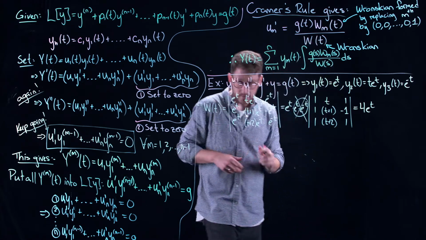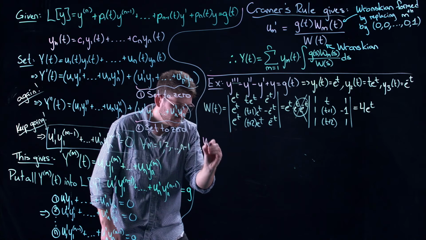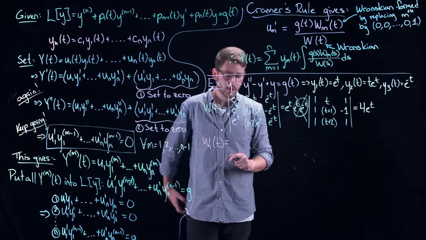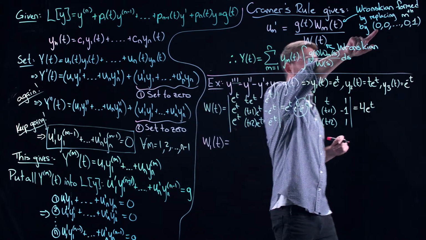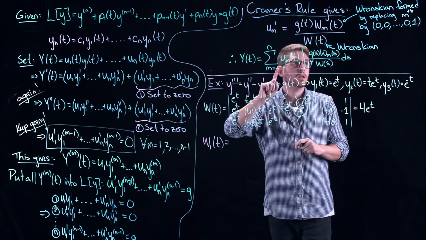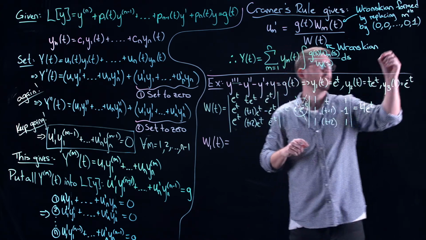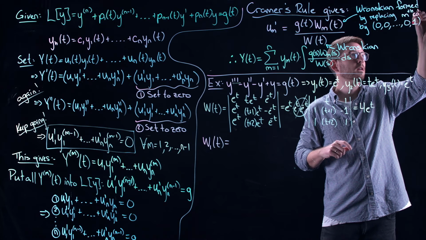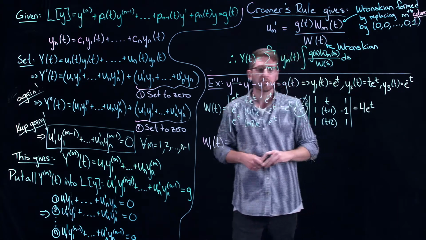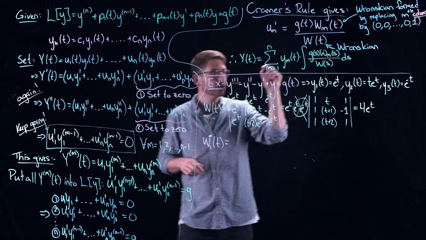Let's look at W1 first. Now, how do you form W1? Well, it says right here what we do is we take the first column. Oh, I forgot to put column here. Pardon me, I'm sorry if that was confusing. The first column by 0, 0, 1.